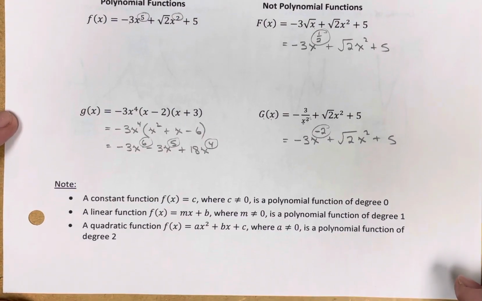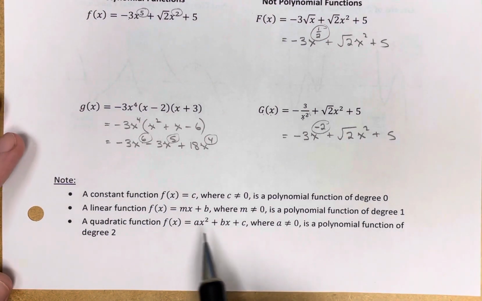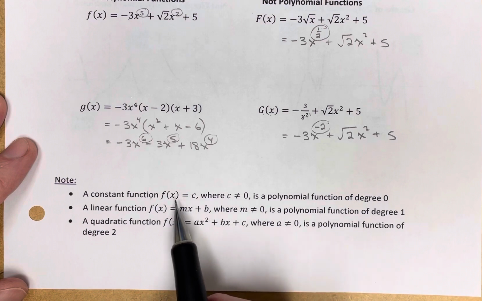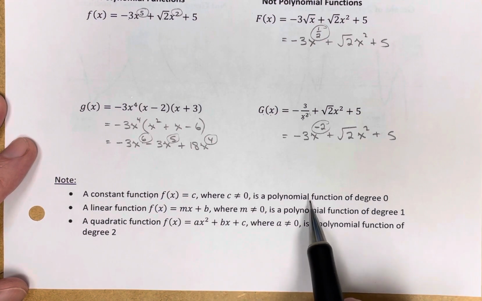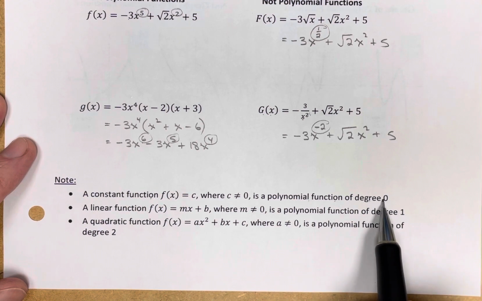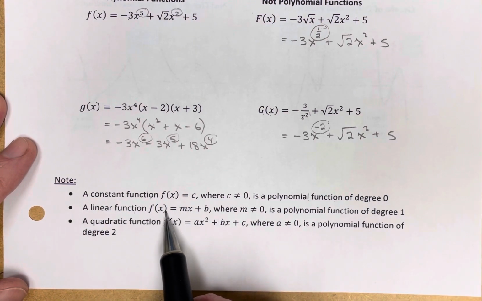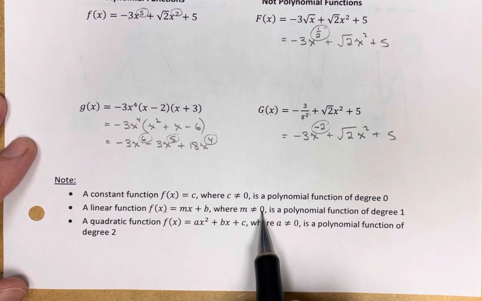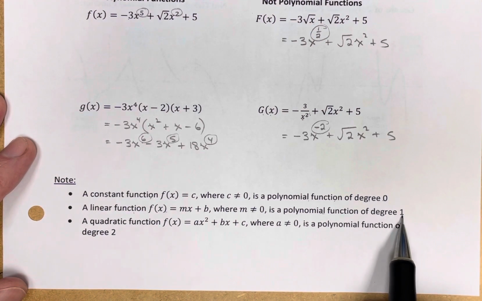A couple notes. We're going to be working with polynomial functions generally of degree 2 and higher, but just so you know, a constant function, f of x equals c, as long as c is not 0, is a polynomial function of degree 0. A linear function, f of x equals mx plus b, where the slope is not 0, is a polynomial function of degree 1.